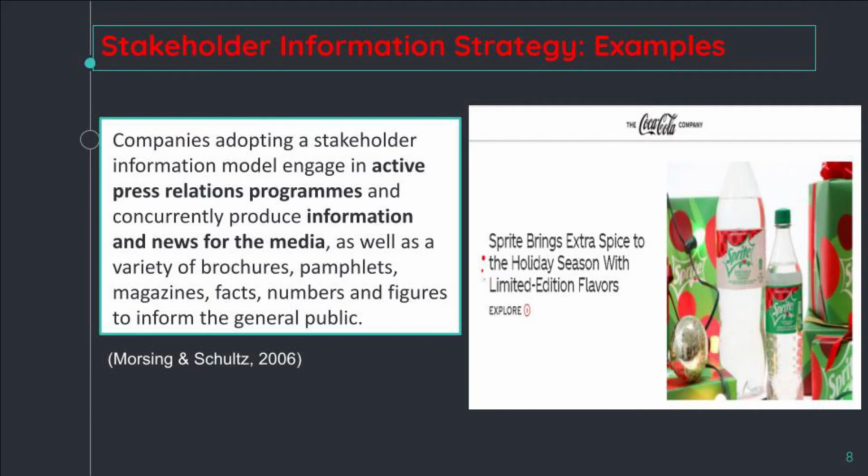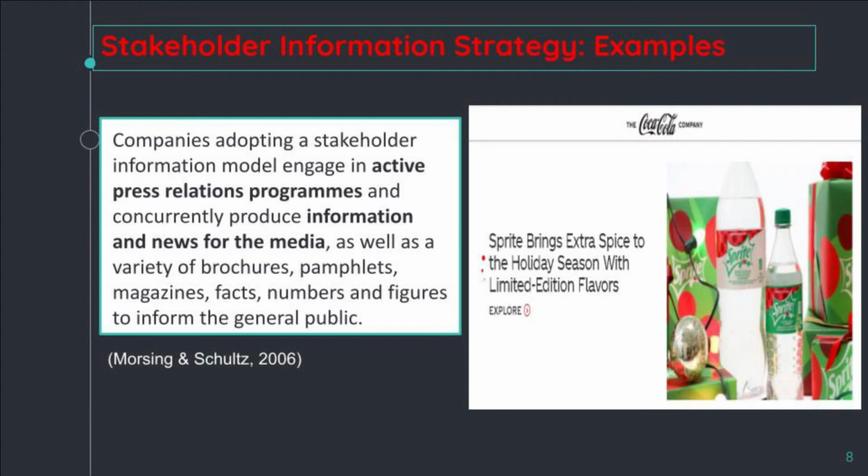And still, when we are talking of stakeholder information strategy, companies do engage in active press relations programs. They even write press releases. They also produce information and news for the media. For our example, we have Coca-Cola.